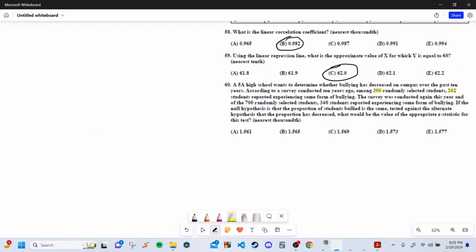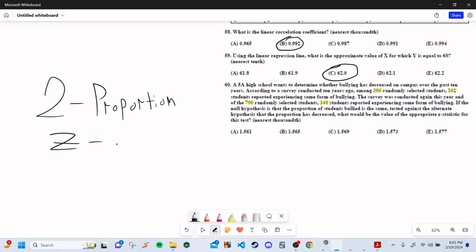And then later we took a second survey, and we got this proportion, this 340 students who experienced some sort of bullying. And so right away, that is a sign that we are doing a two proportion z test.